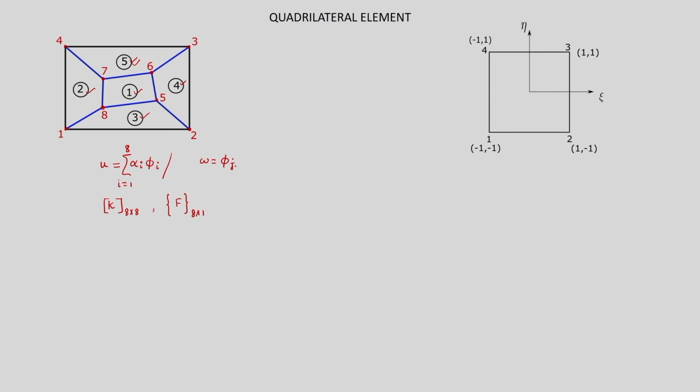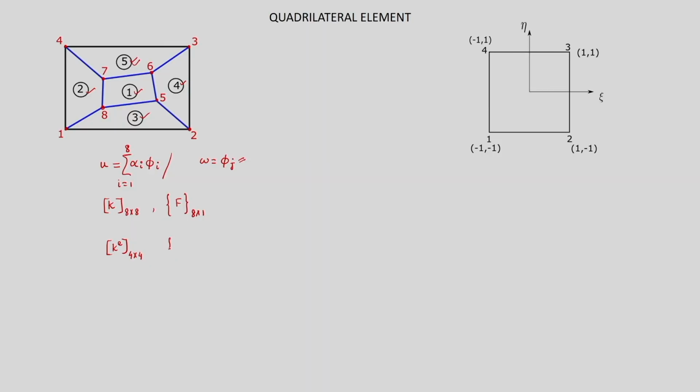Now since in each element there are 4 phi i's that are non-zero, what is the size of the element stiffness matrix? The element stiffness matrix now is of size 4 by 4, because in each element Ni and Nj vary from N1 to N4. Similarly the force vector in each element will have size 4 by 1.